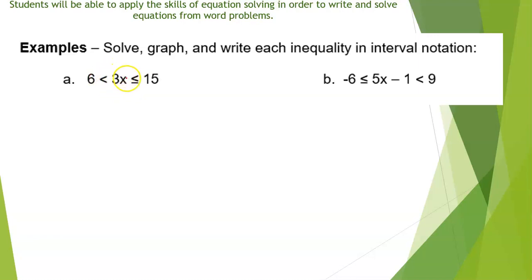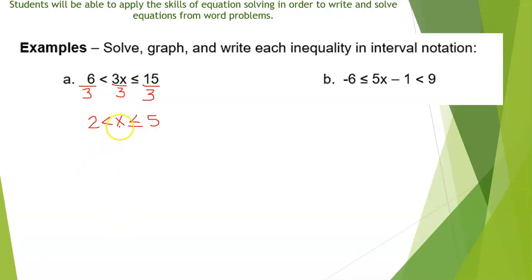No. Anything being multiplied by x? Yes. It's 3 times x, so we're either going to multiply by 1/3 or divide everything by 3. Now 3 is positive, so that doesn't change our inequalities at all. 6 divided by 3 is 2, is less than x, is less than or equal to 5.